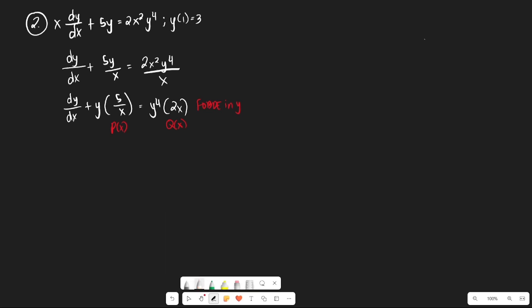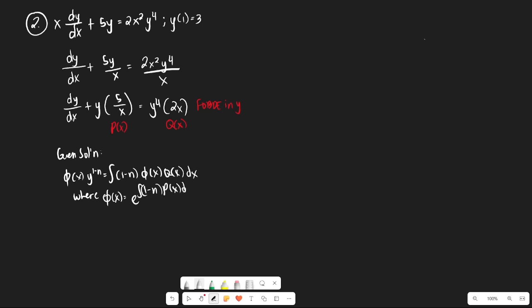Next, we need to find the general solution for this FOBDE in y. So for the FOBDE in y, we're going to have phi of x y raised to 1 minus n is equal to 1 minus n phi of x q of x dx, where phi of x is equal to e raised to the integral of 1 minus n p of x dx.